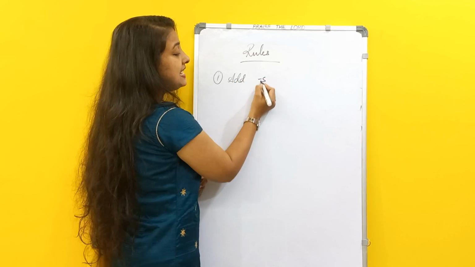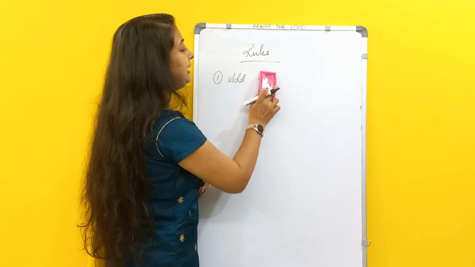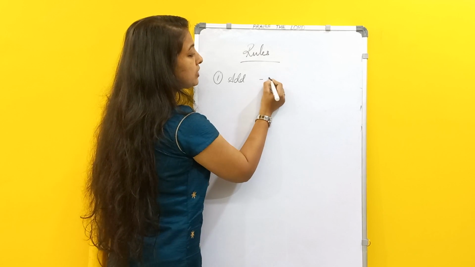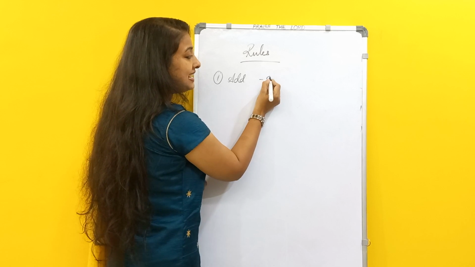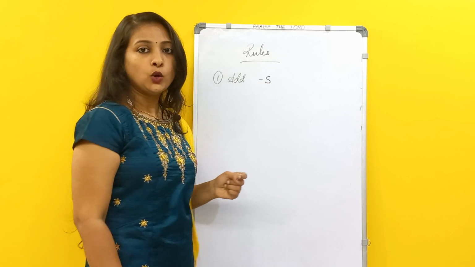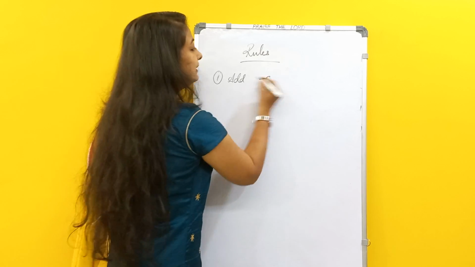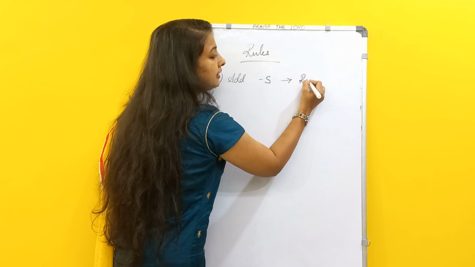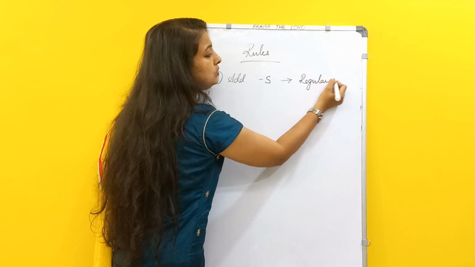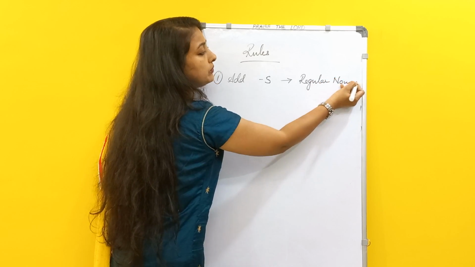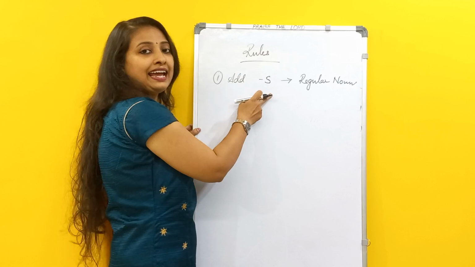This hyphen before s indicates that it should be added at the end. So to make regular nouns into their plural form, you will be adding s at the end.